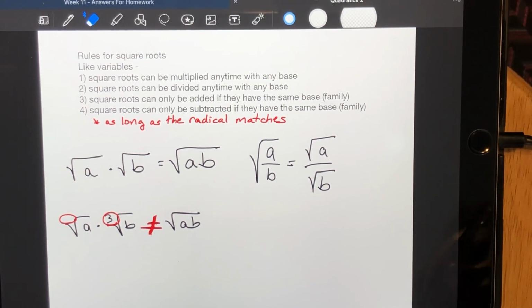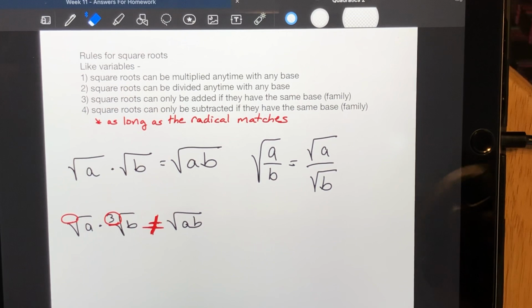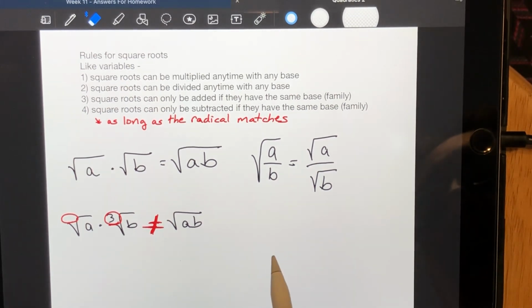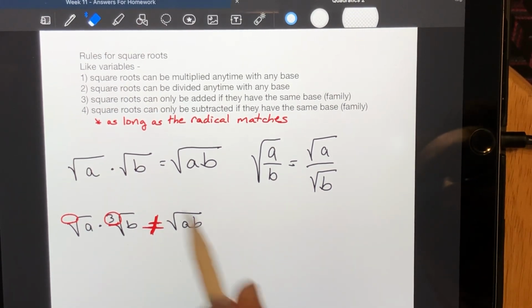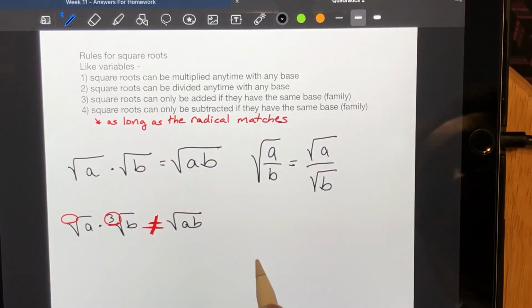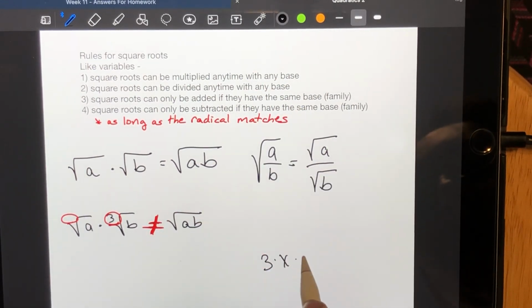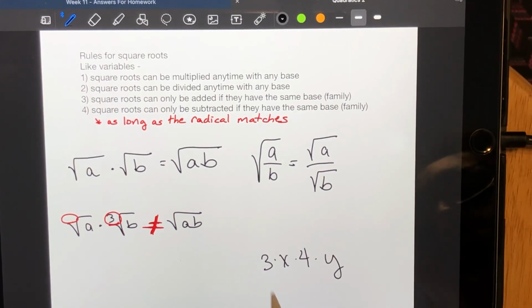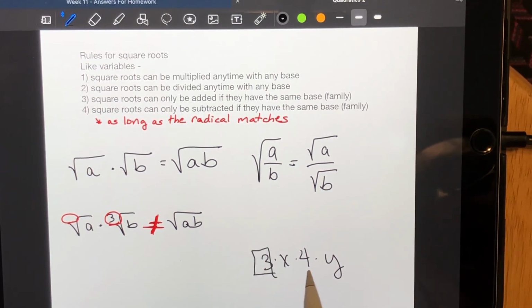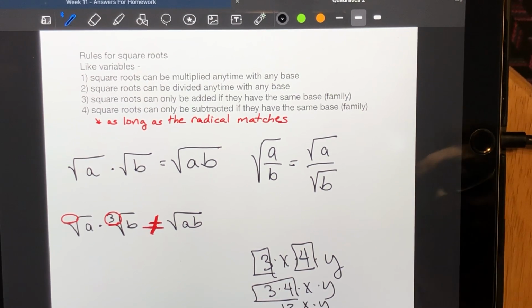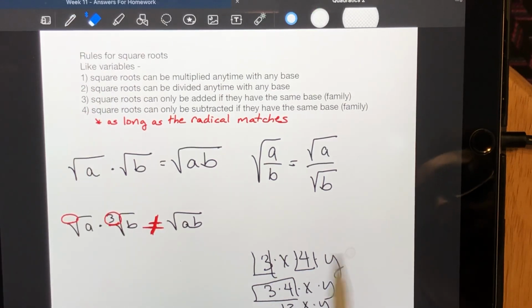If we have 3 times x times 4 times y, we know that we take like terms, and like terms can be pushed against each other, and then they can also be combined: 12x times y. Roots work the exact same way.